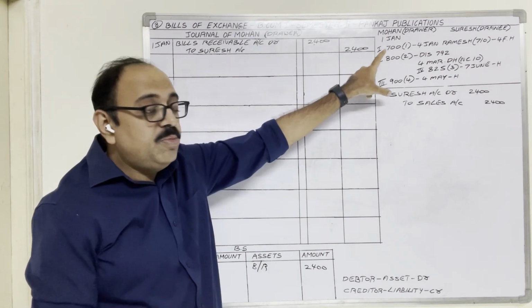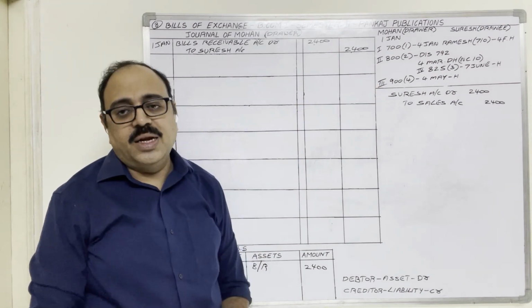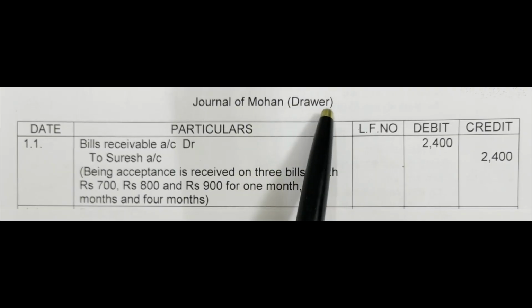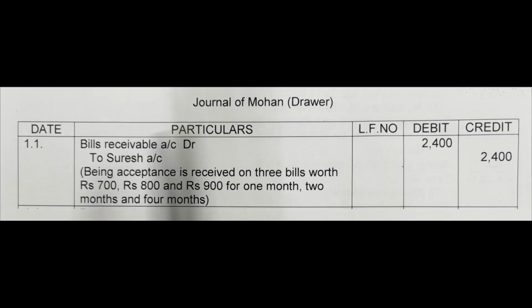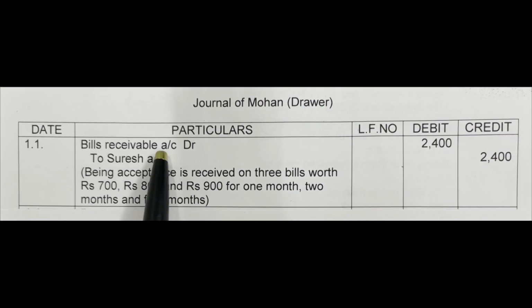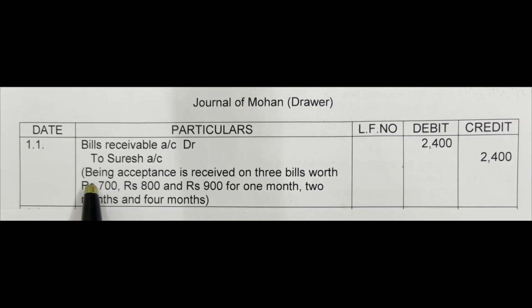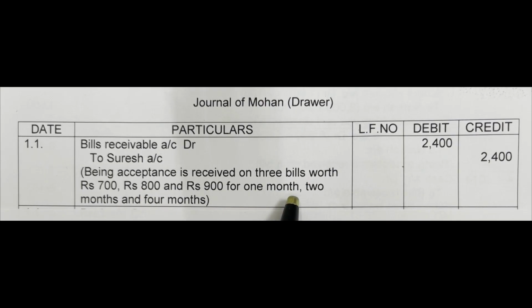And about these three bills, we have to mention clearly in the narration. Journal of Mohan, drawer. Date, particulars, LF number, debit, credit. 1st January, bills receivable account debit to Suresh account, 2,400 rupees. Narration: being acceptance is received on three bills worth 700 rupees, 800 rupees and 900 rupees for 1 month, 2 months and 4 months.